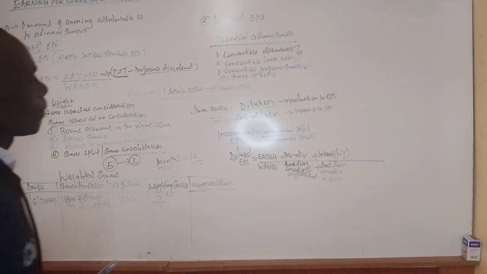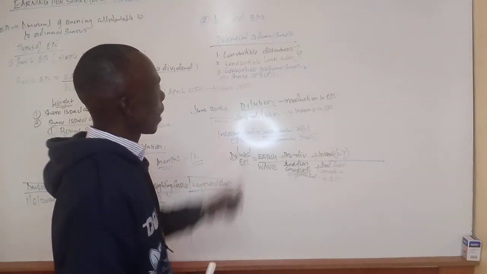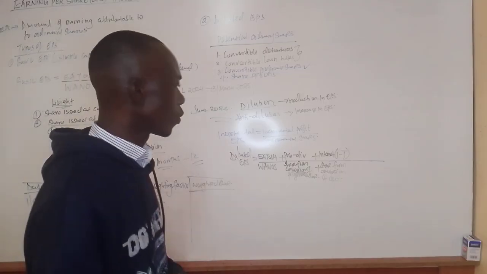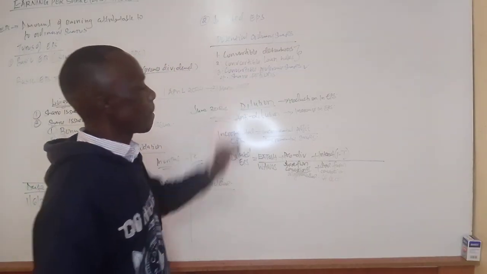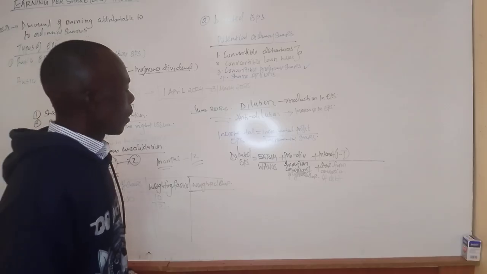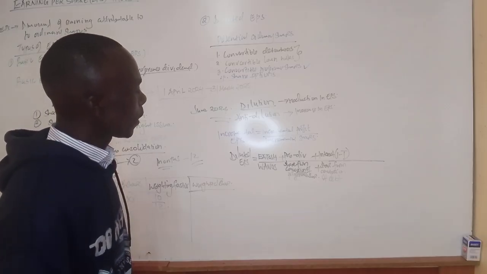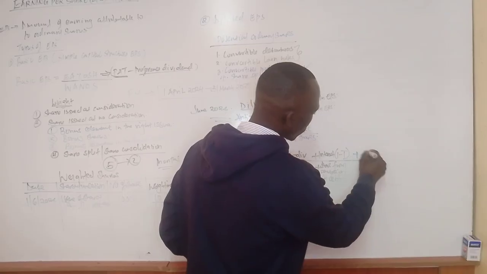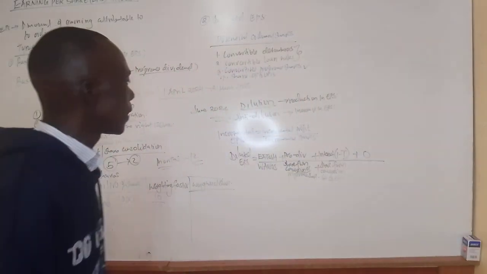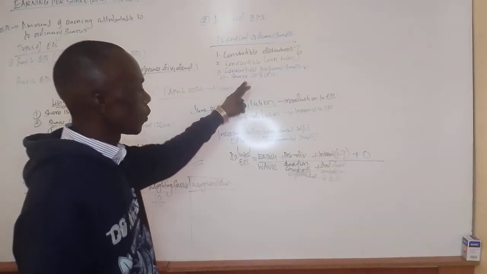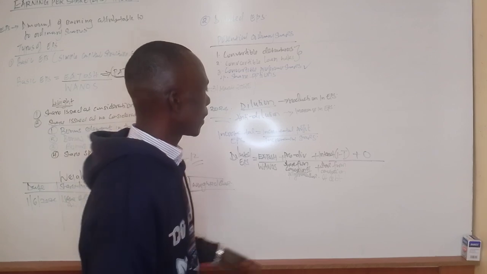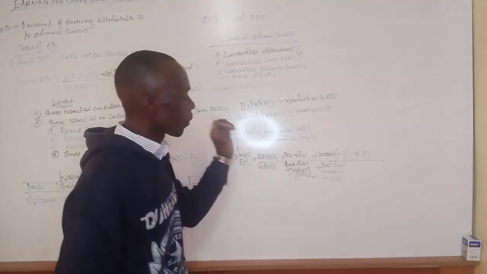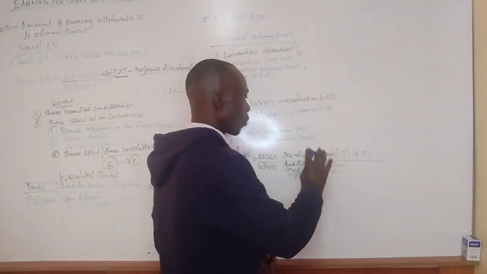Then lastly, we will talk about the share option. For the case of the share option, what you need to know is that the incremental profit for the share option in this case is always 0. So anytime you are looking at the share option, what should be in your mind is that the incremental profit in this case is always 0.